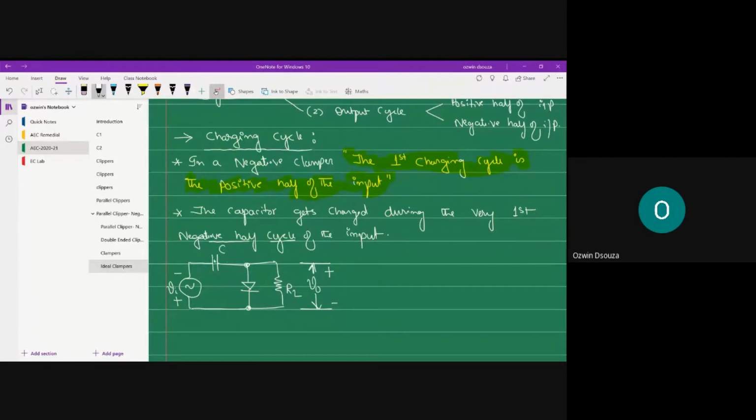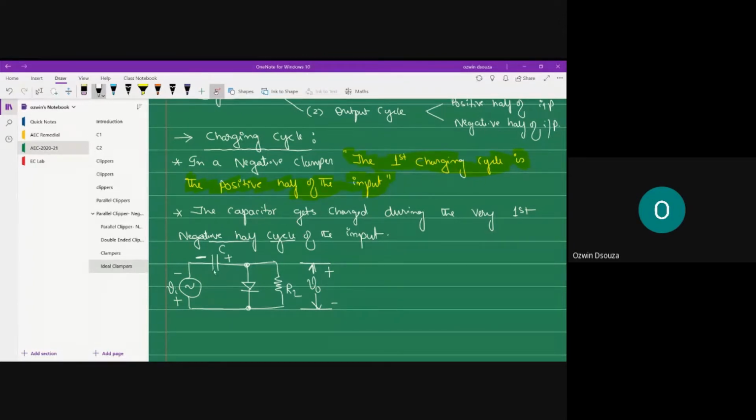Now when your input is increasing in negative direction, what happens to the capacitor charging? The plate which is closer to the negative terminal of the source attains negative polarity. That's how the capacitor charges, right? And the opposite plate attains positive polarity. So this is how the capacitor is going to attain the polarities.